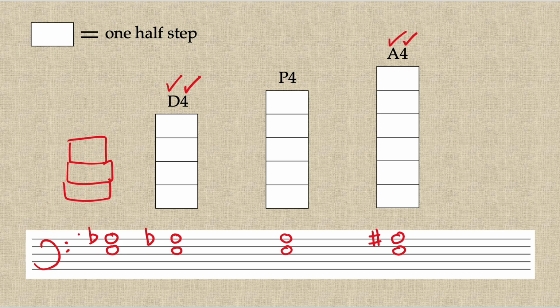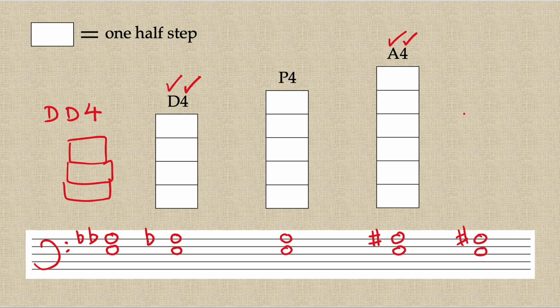We're going to get rid of one more half step by adding another flat to the A. Now the A becomes a double flat. So now we have E to A double flat, which only has three half steps. This is what we call a doubly diminished fourth. On the other end, from E to A sharp is an augmented fourth.